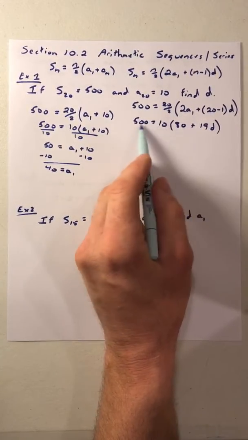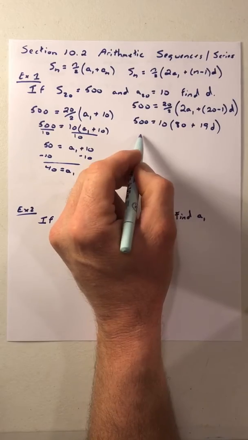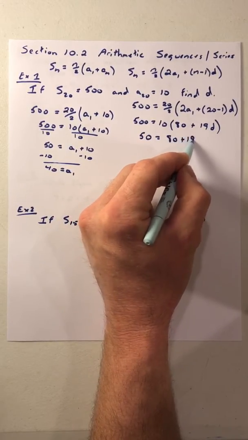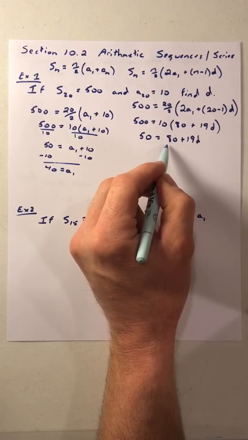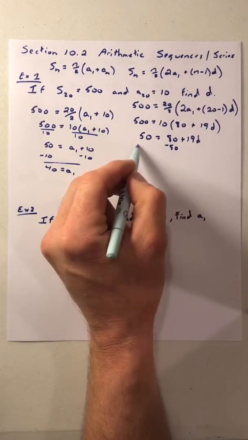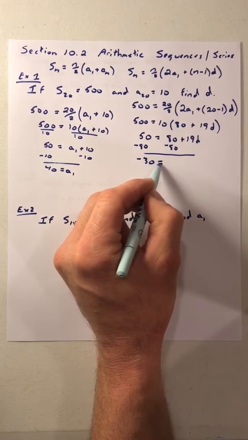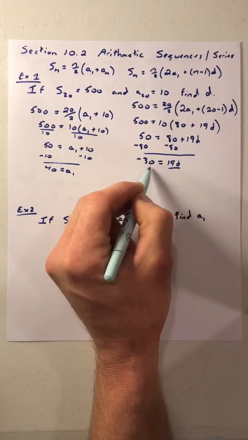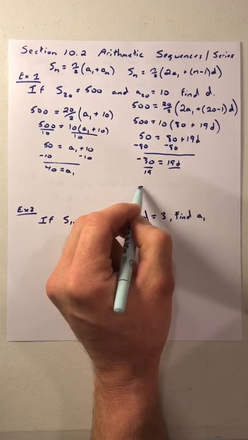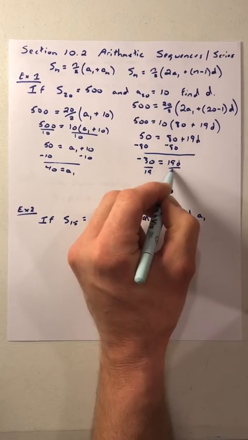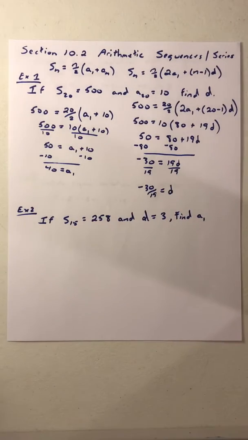I'm going to divide both sides by 10, so 50 is going to equal 80 plus 19d. Subtracting 80 from both sides, we get negative 30 equals 19d. Dividing by 19, we end up with negative 30 nineteenths equals our d value. And that allows us to find that common difference.